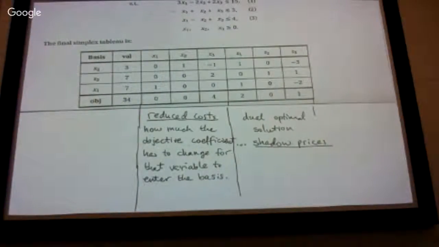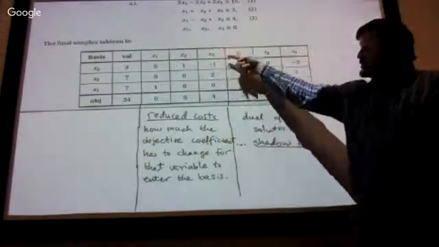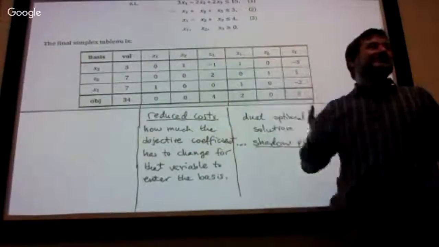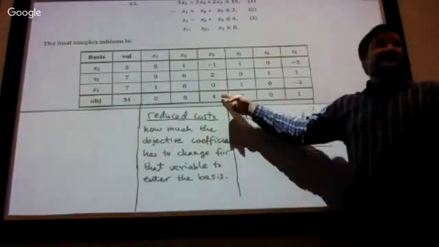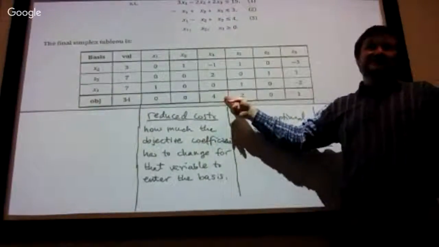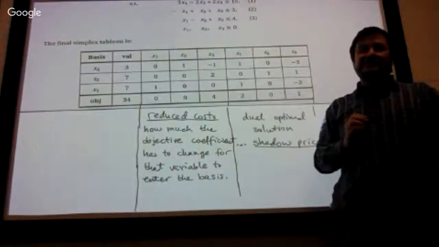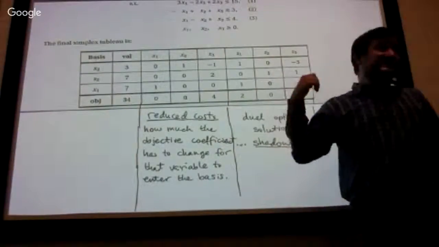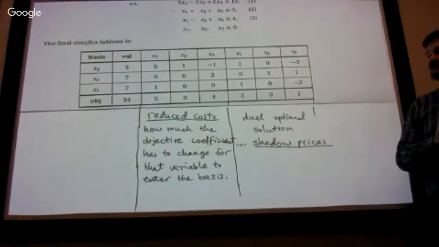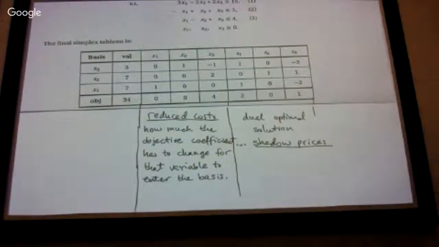Again, if there are some kind of production quantities of something, the moment X3 is not in the basis, so we're not producing any of the third product, say. But if its profit per unit increased by at least 4, then it would make sense to start producing some of the third product. We've just seen that in the range.